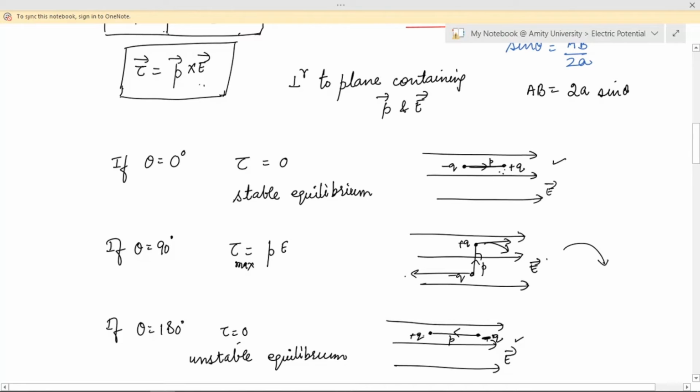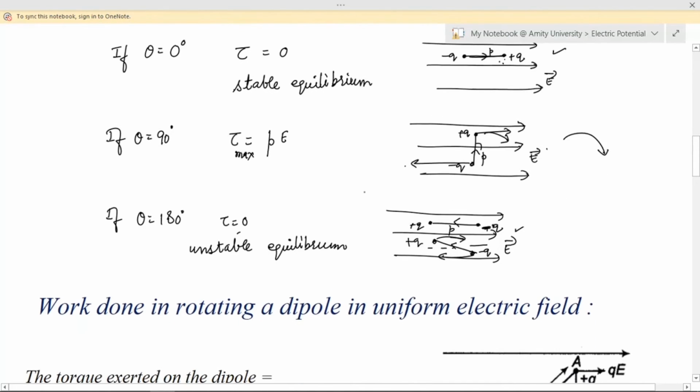But in case of unstable equilibrium, if this dipole is rotated even slightly, through a small angle, let's say, such that it starts making some angle with the dipole moment, then it will quickly rotate itself and will tend to align itself along the direction of the equilibrium state. So this is how we differentiate between the stable and unstable equilibrium.